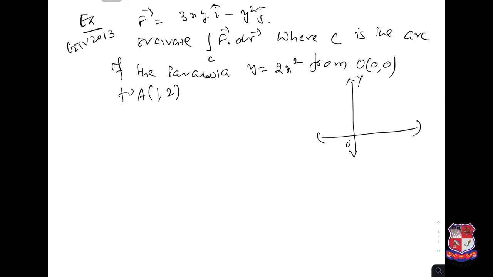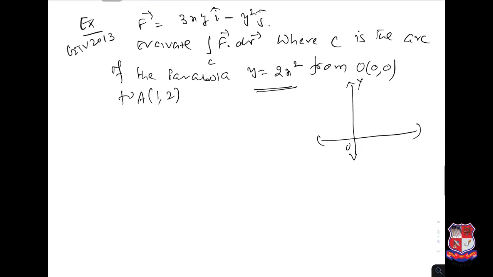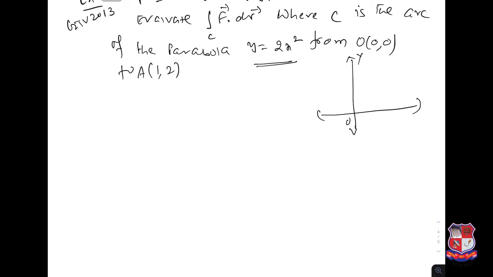y equal to 2x square. So, the parabola is like this, but it is from (0, 0) to (1, 2). So, this point is A (1, 2). So, this is the arc.